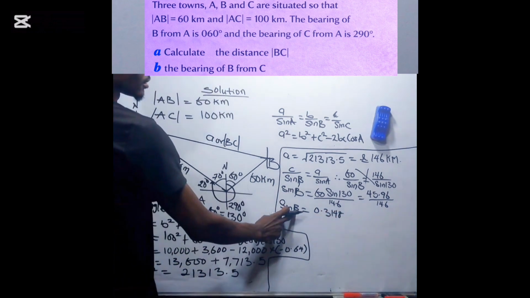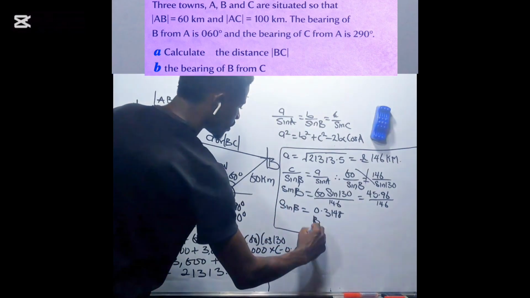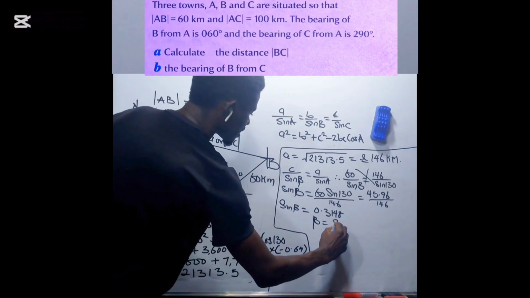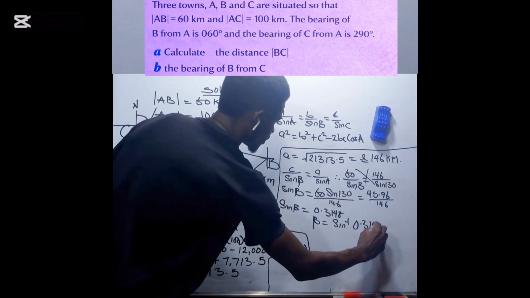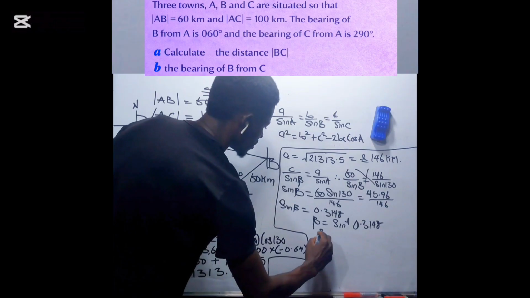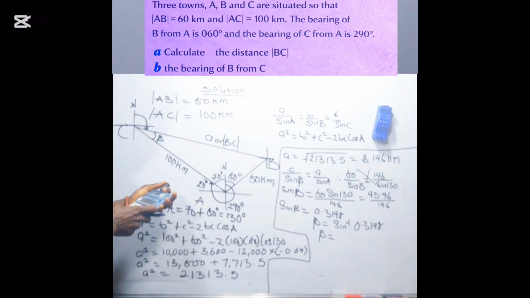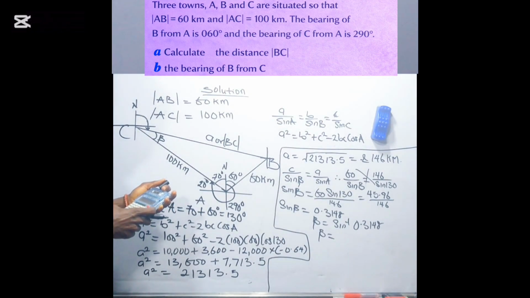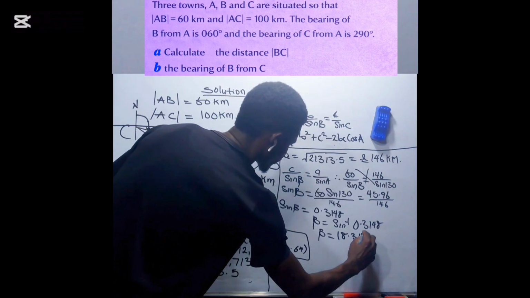So to find beta only, not sine beta, beta only will be sine inverse 0.3148. That means beta is equal to 18.34 degrees.